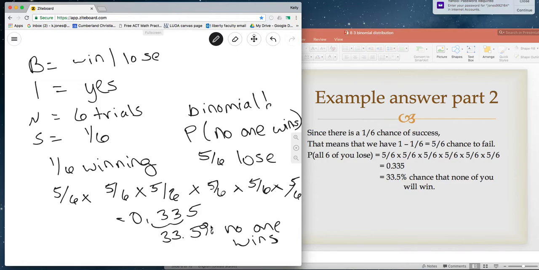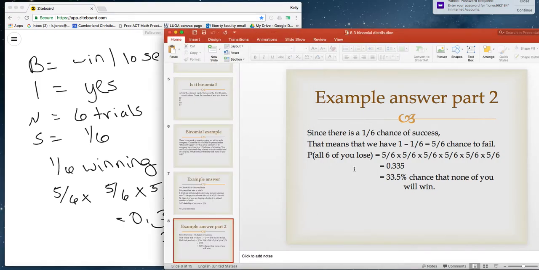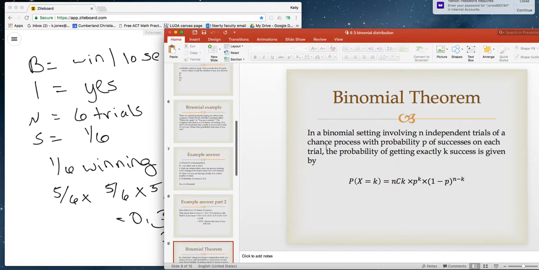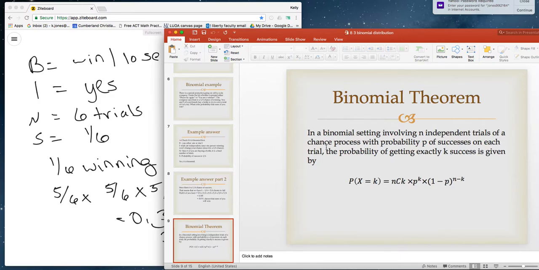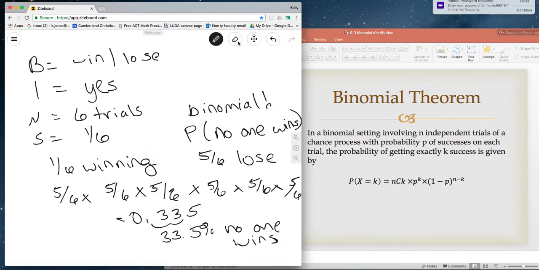Now, we haven't actually done a binomial formula yet. This is just stuff we've done before. We've done the multiplication rule before. And the multiplication rule basically says we just multiply the probabilities to get the answer. Now, binomial can get very picky because this is with no one winning, and it's going to change when I want different numbers. So maybe I want the probability of 1 person winning or the probability of 2 people winning. So we have something called the binomial theorem.